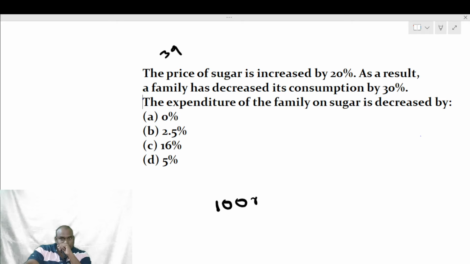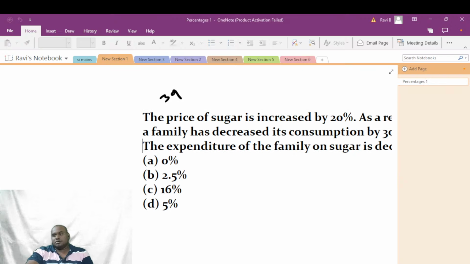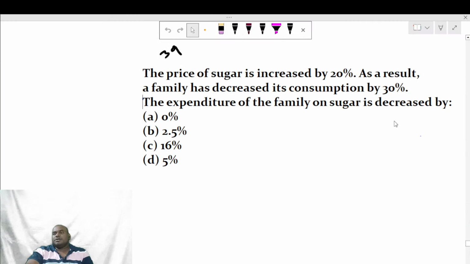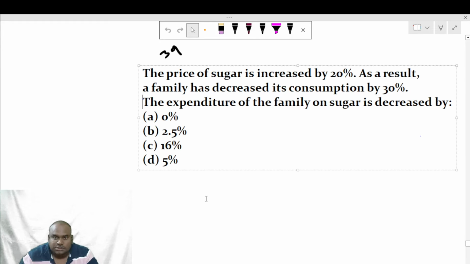When the rate was 100 rupees, they were using 1 kg, that means 1000 grams. When the rate increased to 120 rupees, they are using 700 grams only. How can we solve it? When it is 120, they are using 700 grams. So further, when it is 100, they were using 1000 grams.